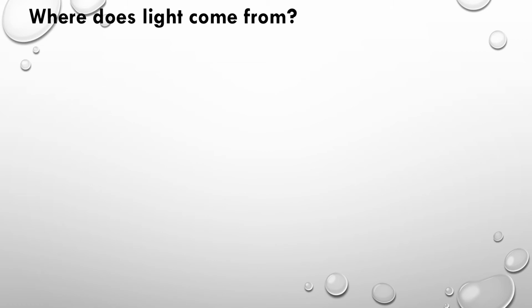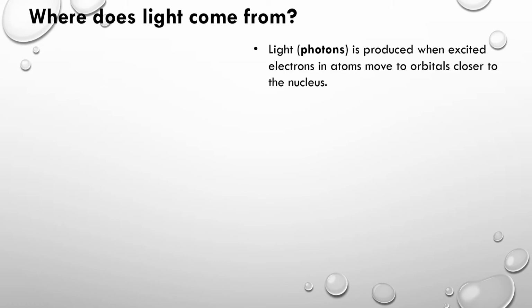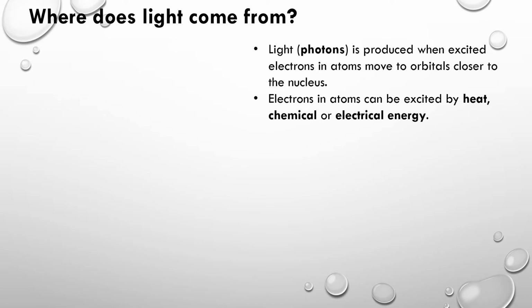So what types of things do we see in everyday life that give off light? Well, remembering we know that photons come off when we have excited electrons and excited atoms, and they want to fall down to orbitals closer to the nucleus. And we had the 3 types of energy: heat energy, chemical energy, or electrical energy.